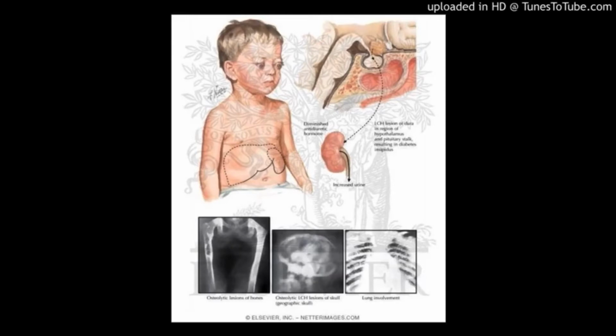LCH cells, known for many years to be caused by a clonal proliferation, have now been shown to likely derive from a myeloid precursor whose proliferation is uniformly associated with activation of the MAPK/ERK signaling pathway. However, the somatic mutation leading to the activation varies and is unknown in 10% to 20% of cases.